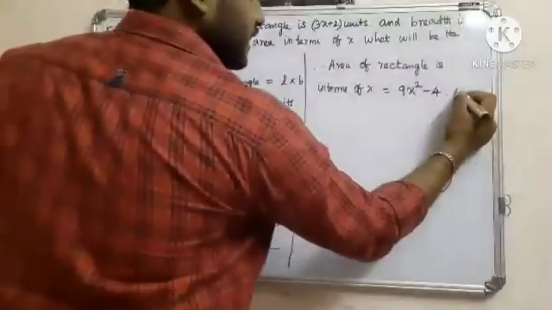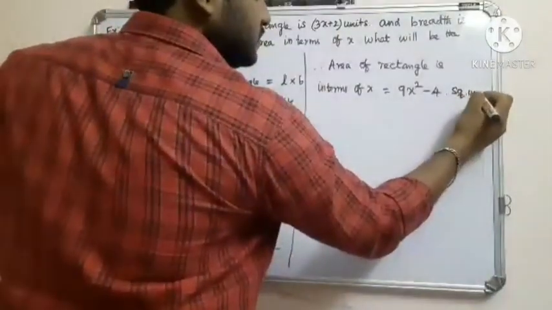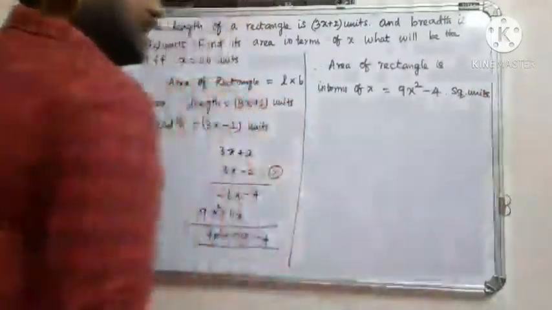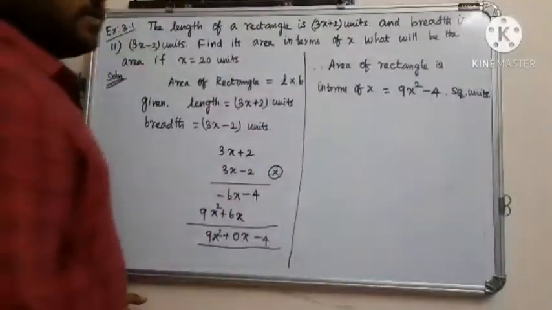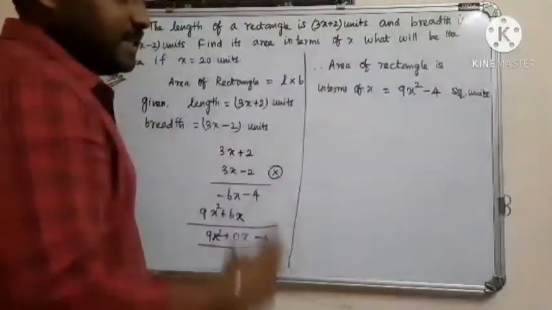This is in square units, because the area is in square units. Area unit is square units. You must write the square units.